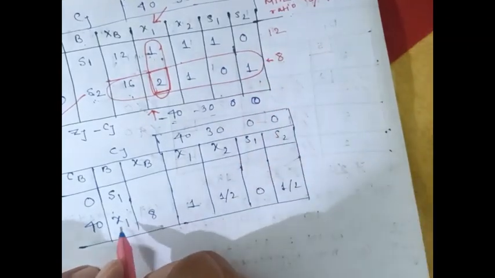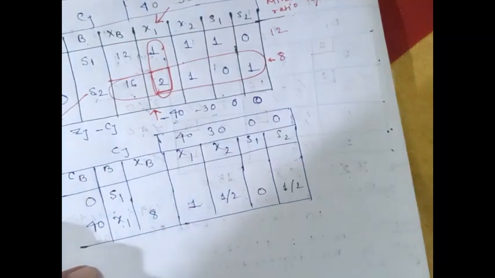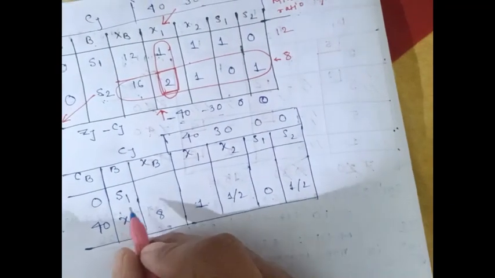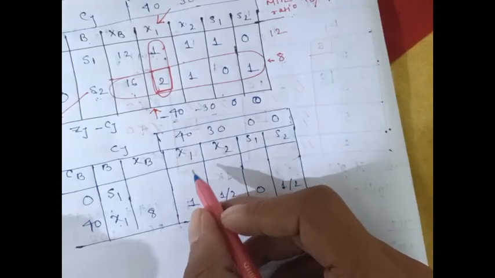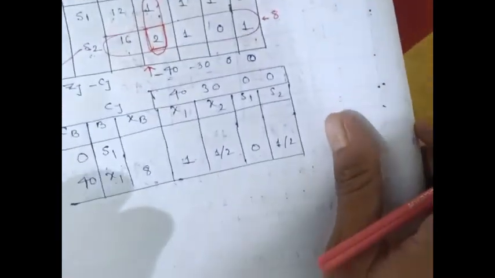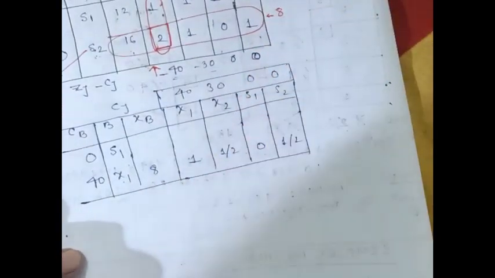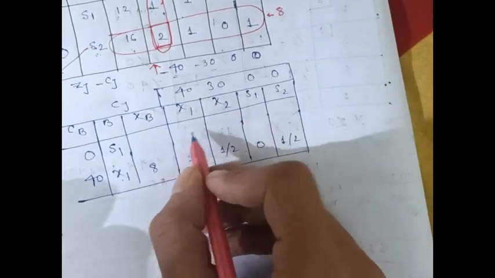So x1, in place of x1 we have to write 0 1. Okay, so if we do some row operations then we can make it 0.